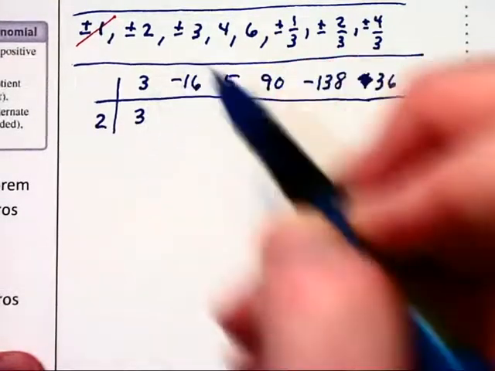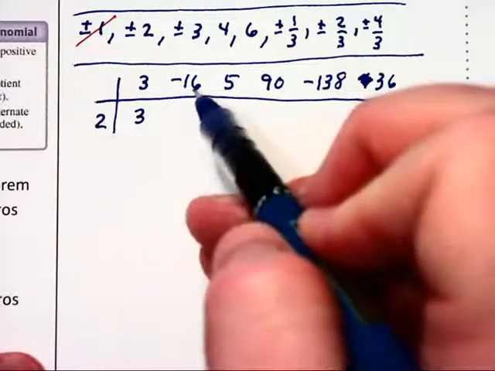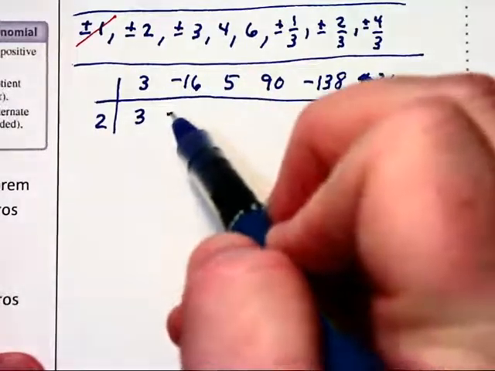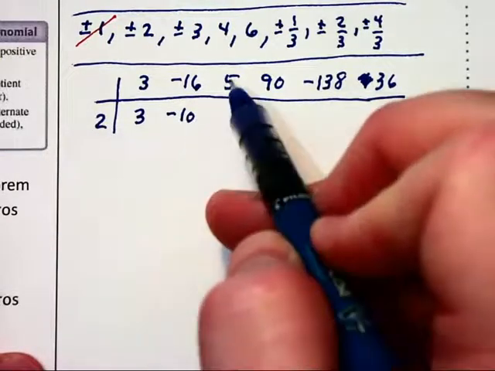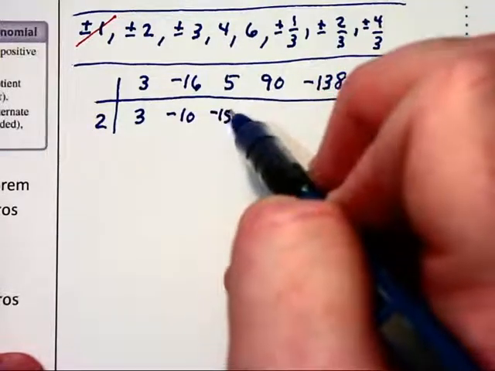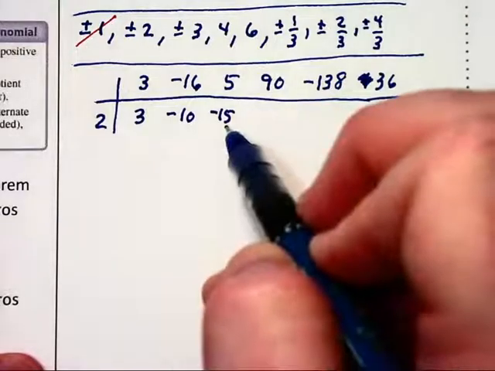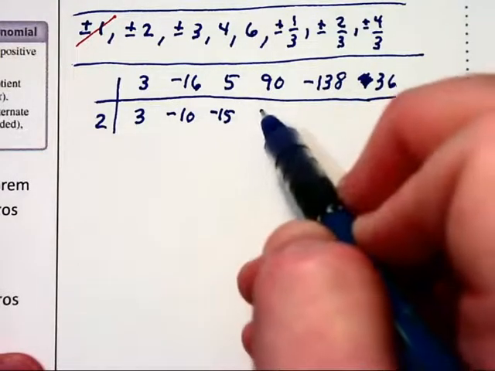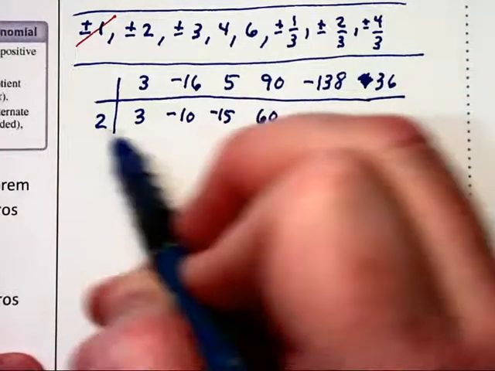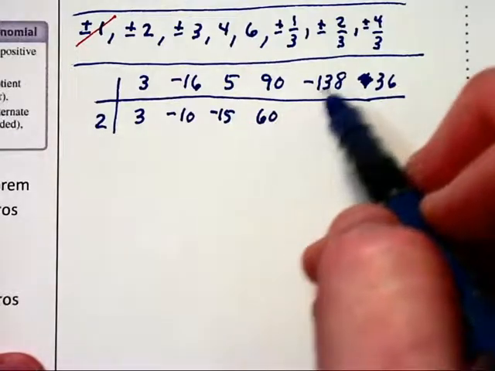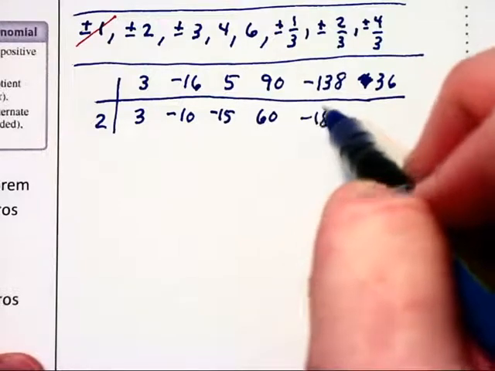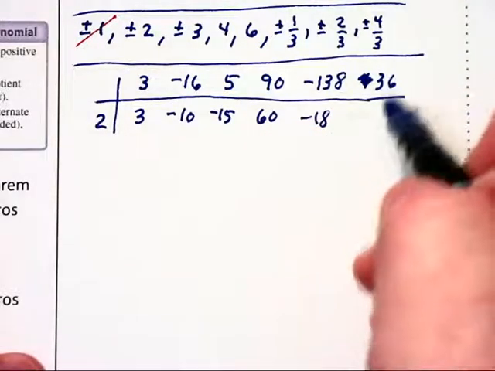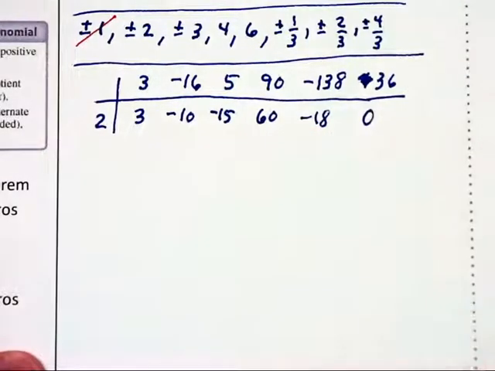Bring down our leading number 3. 2 times 3 is 6, minus that 16 there gives us a -10. 2 times -10 is -20, plus 5 makes -15. 2 times -15 is -30, plus that 90 makes 60. 2 times 60 is 120, minus that 138 gives us -18. 2 times -18 is -36, plus that 36 makes 0, and we have a winner!